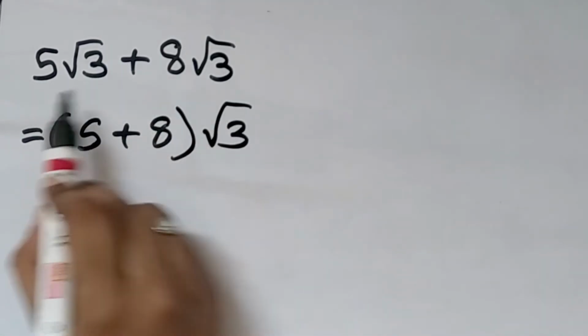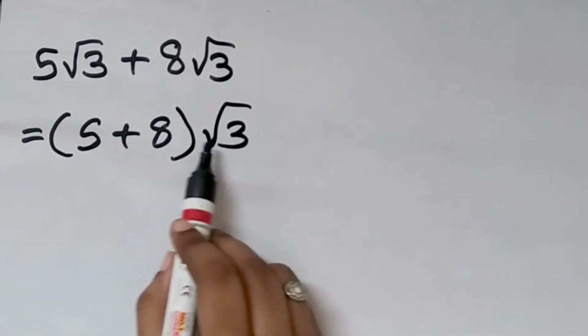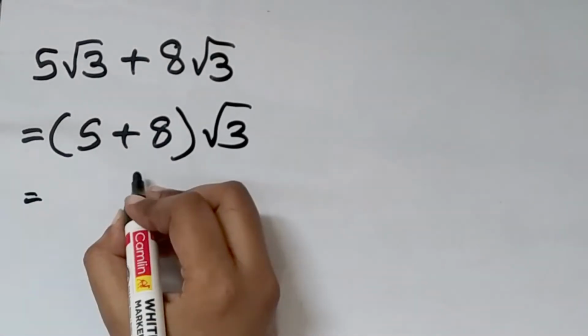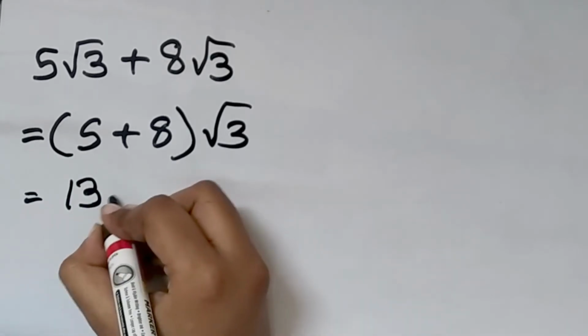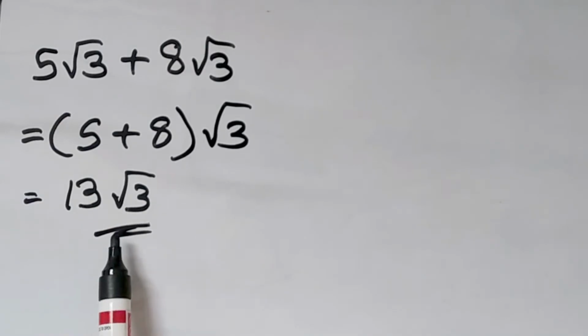Root 3 is common in both terms, so we have taken root 3 outside the bracket. This is equal to 5 plus 8 is 13, 13 into root 3, so it will be 13 root 3. This is how we will solve such a problem.